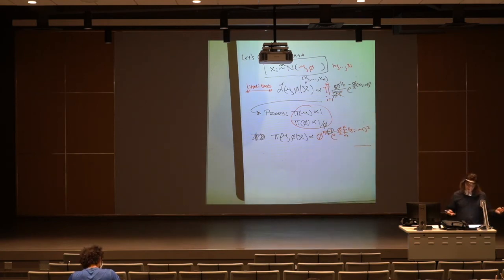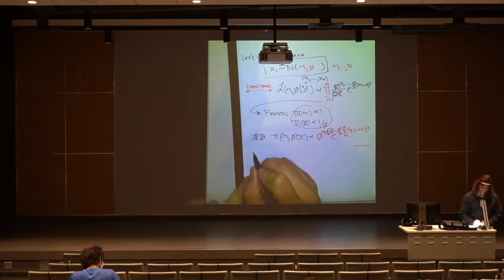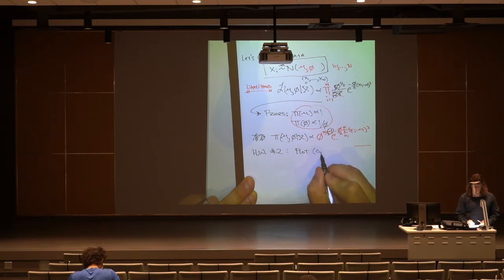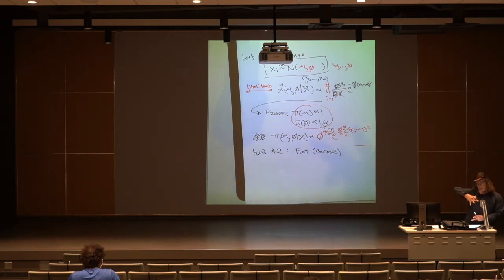What distribution is this in terms of mu and phi? Kind of an interesting question. On homework 2, I'm going to ask you to do something. It's a new problem for me. I haven't asked this before, but I want you to plot contours of this. You can make a 3-dimensional plot, but I never know what to do with them on a piece of paper.